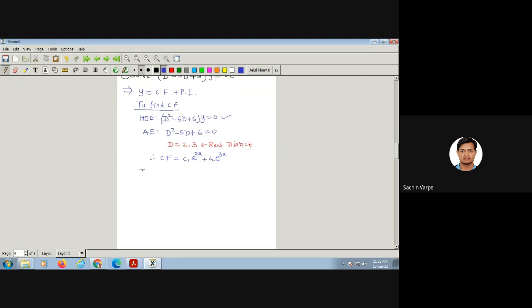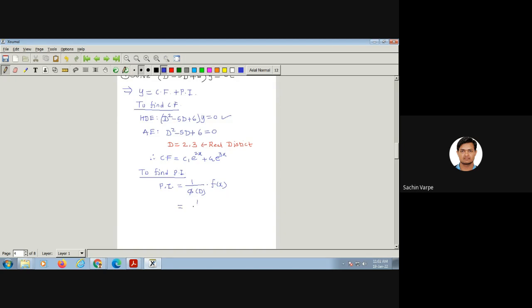Now to find PI, the next part of the solution, we start with the formula. We write the formula of particular integral. What is the formula? PI equals 1 upon phi of D operated on f of x, isn't it?